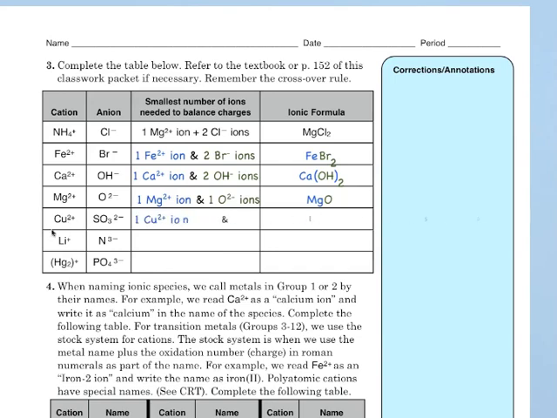We have the same exact ratios, 1 copper cation and 1 sulfate anion, SO3 2-, that's our sulfate anion. When we write our formulas, Cu is going to carry over, sulfate is going to carry over.